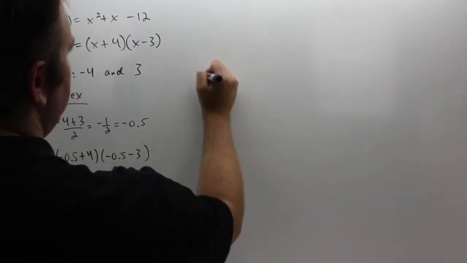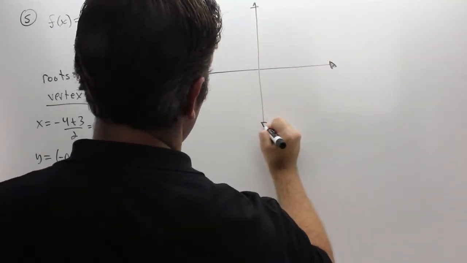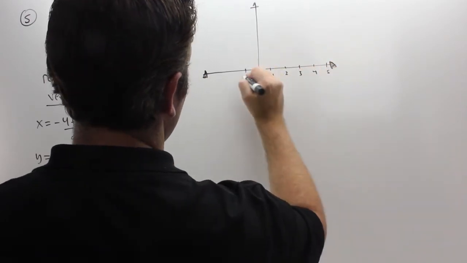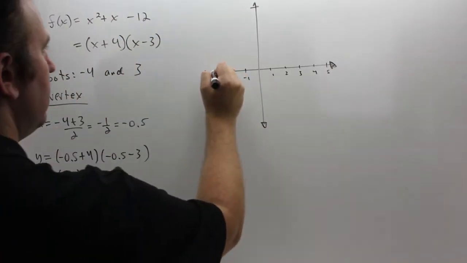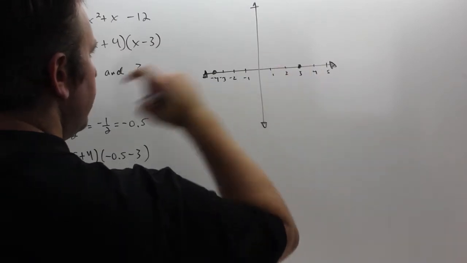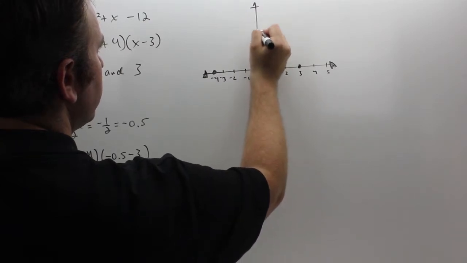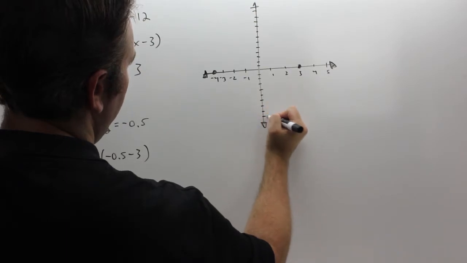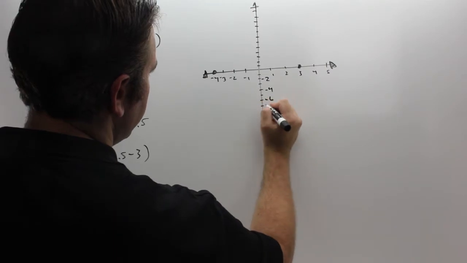So if we graph all these on the same graph here, we have negative 4, we have positive 3, and then, because our goal is to try to connect the reciprocals at y equals negative 1 and 1, it's good to try to get as many points down here as we can.